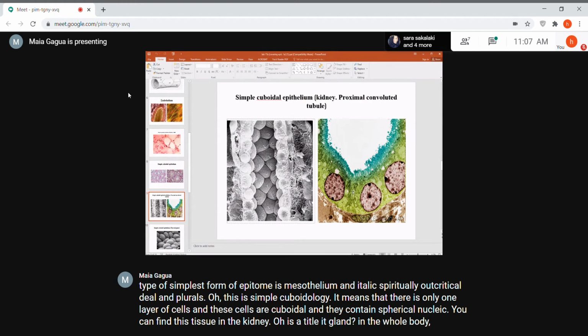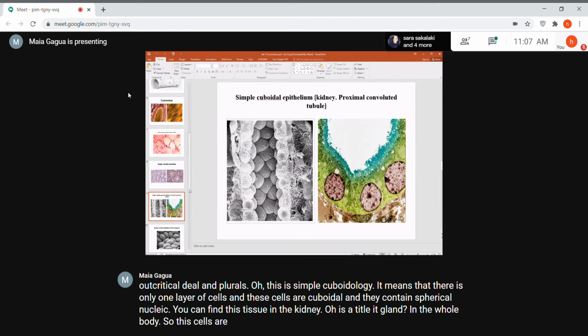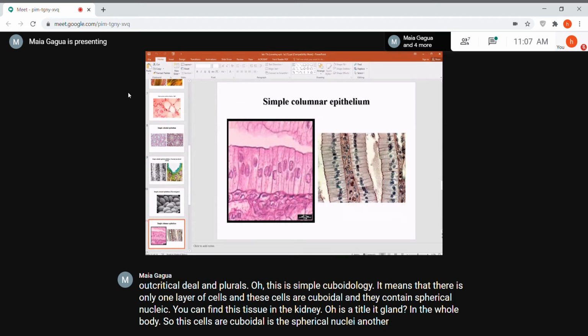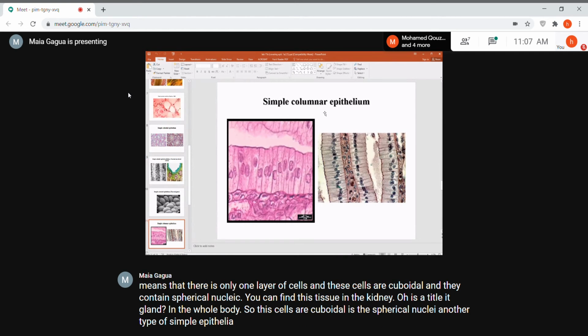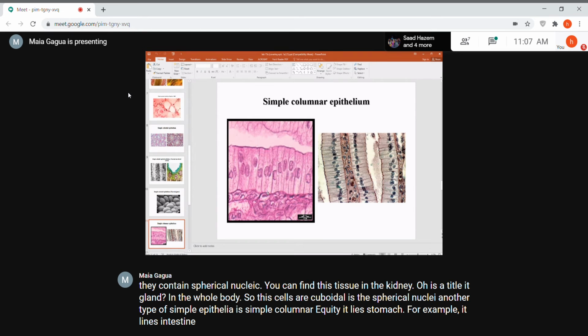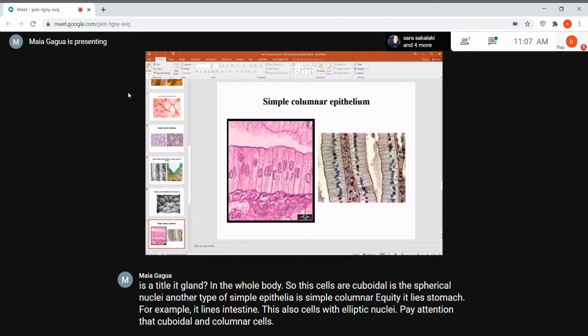So these cells are cuboidal with spherical nuclei. Another type of simple epithelia is simple columnar epithelium. It lines stomach, for example, it lines intestine. These cells are tall cells with elliptic nuclei. Pay attention that cuboidal and columnar cells show polarity.